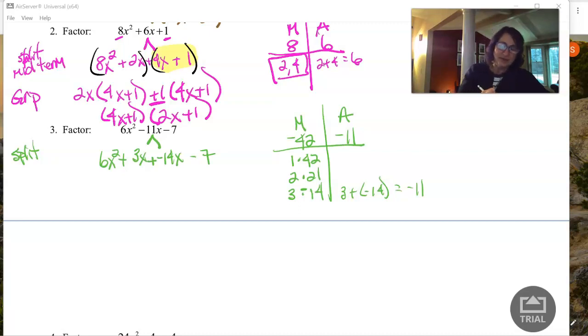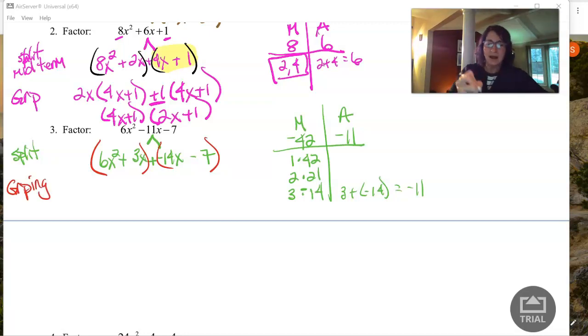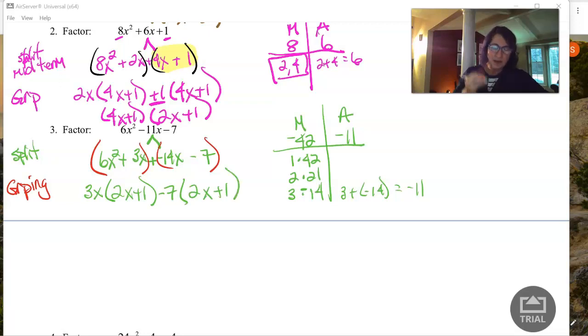I'm going to put parentheses around the first 2 and the second 2 terms, so that I can use grouping. I'm going to pull out a greatest common factor of 3x, so I'm left with 2x plus 1. Out of that second binomial, I'm going to factor out a negative 7, so then I'm left with 2x plus 1. My final factored form is going to be 2x plus 1 times 3x minus 7.